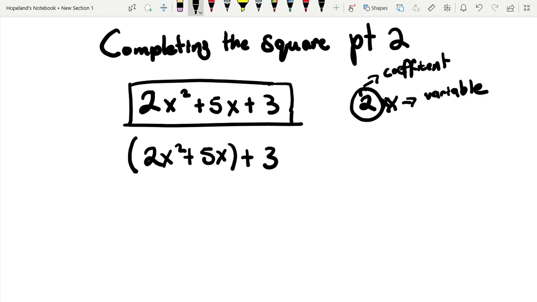And then from there, you want to factor out the coefficient of the x squared term, which is 2 in this case. If you factor out 2, you'll be left with x squared plus 5x over 2, and then you put a parenthesis here and write back plus 3.